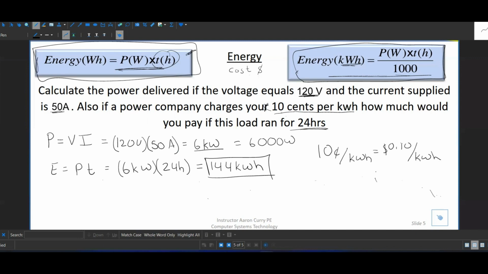All right, so if we use that conversion rate and plug it in, we already have our kilowatt hours. All we need to do is convert it to dollars per kilowatt hour.